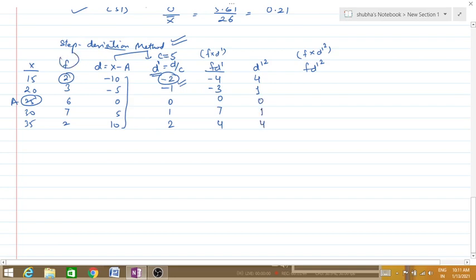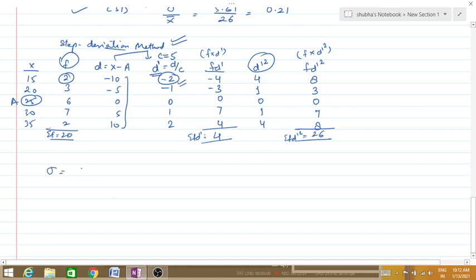Now by multiplying this frequency with this d dash square, 2 into 4 is 8, 3 into 1 is 3, 6 into 0 is 0, 7 into 1 is 7, 2 into 4 is 8. Right. Now taking out the total of sigma fd dash square and sigma fd dash. The total of sigma fd dash is 4 and the total of sigma fd dash square is 26. The total of frequency, we have calculated earlier also, is 20.